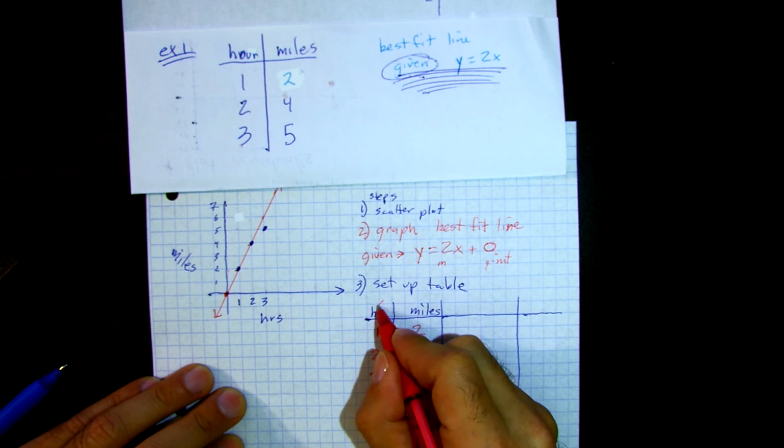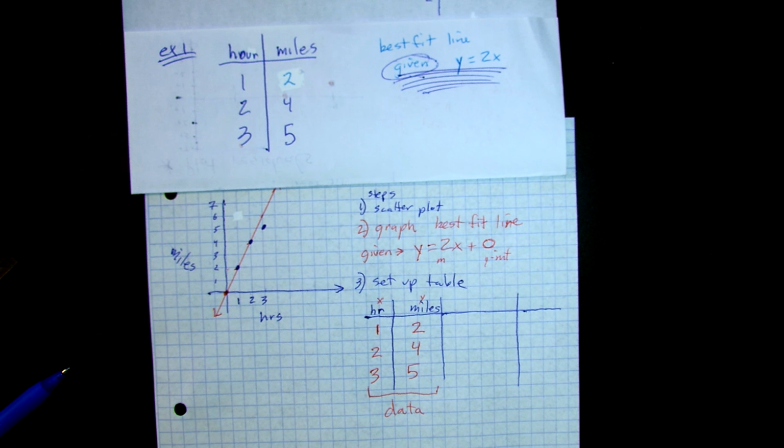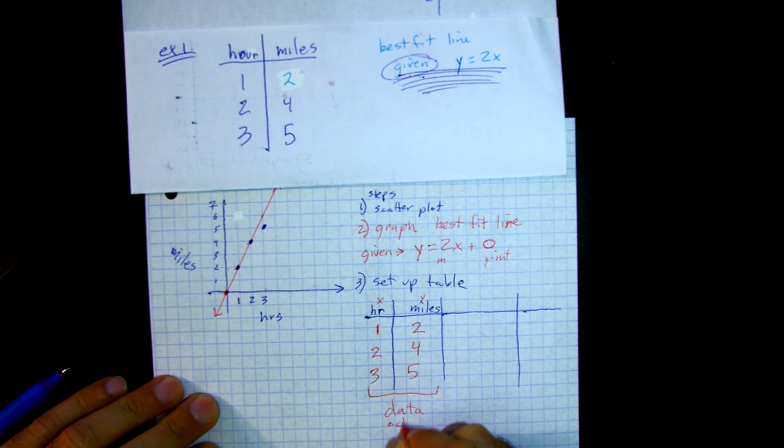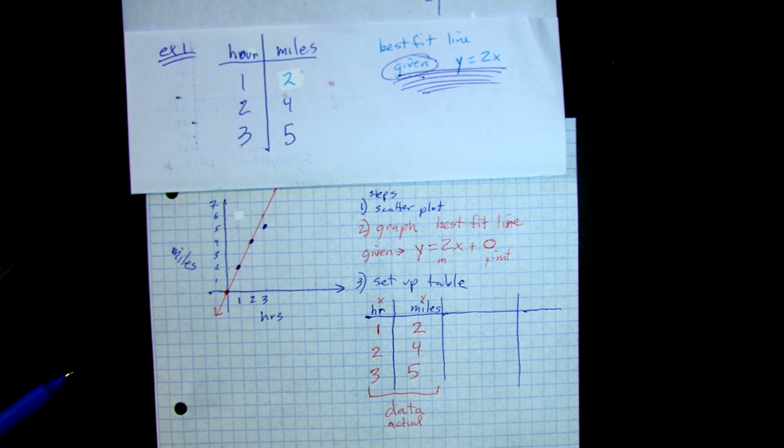Here are essentially our x and our y values as far as the axes go. This is the actual. When you talk about actual versus ideal or actual versus projected, the actual is what actually happened.